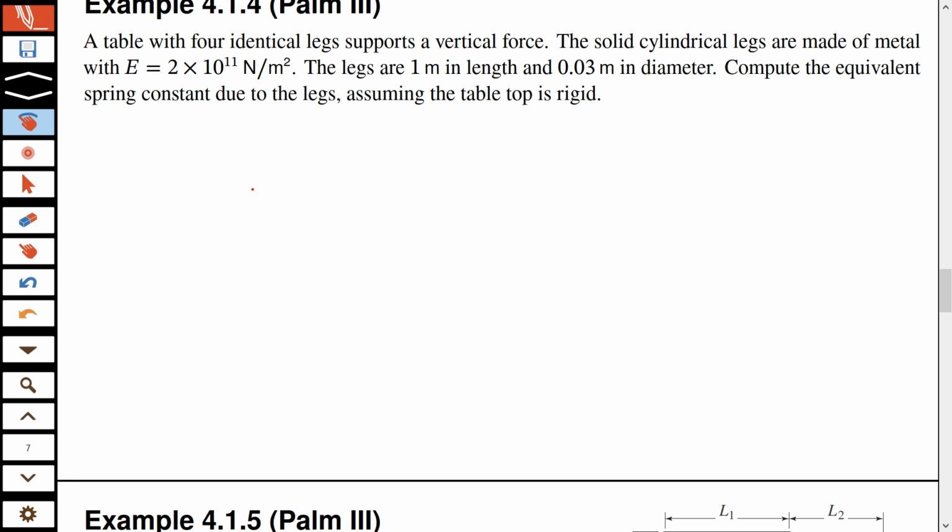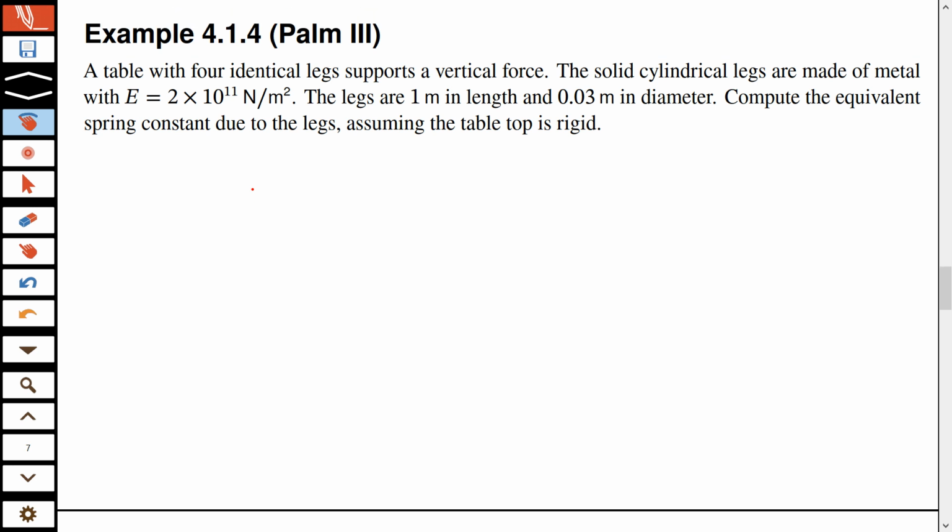Okay, this question will provide you another opportunity to check your understanding whether you can spot parallel versus series. So let's say you have a table with 4 identical legs and that supports a vertical force. So you have a vertical force and it is supported by a table with 4 legs.